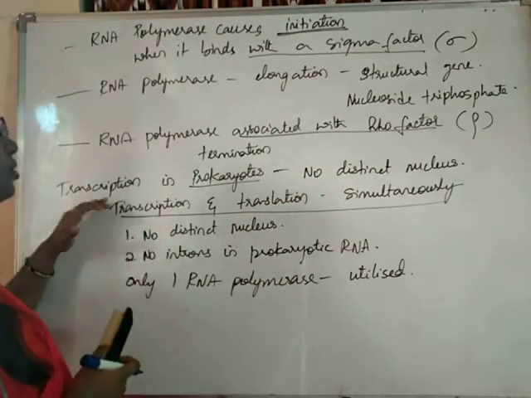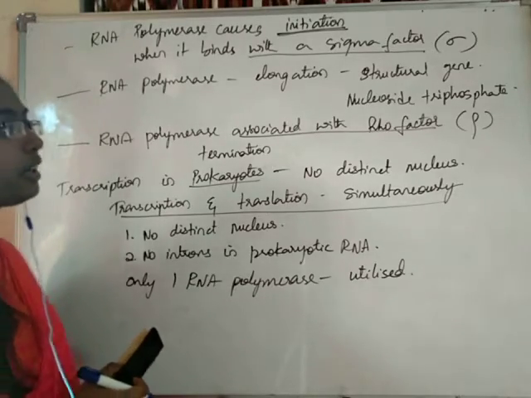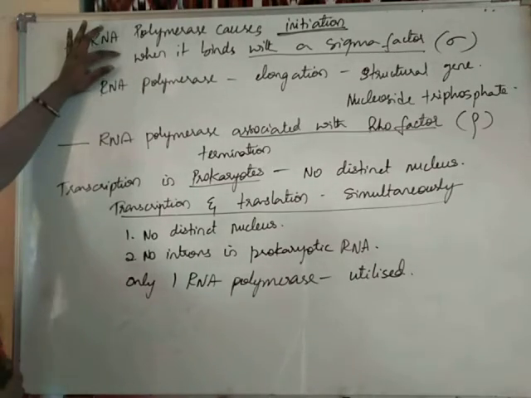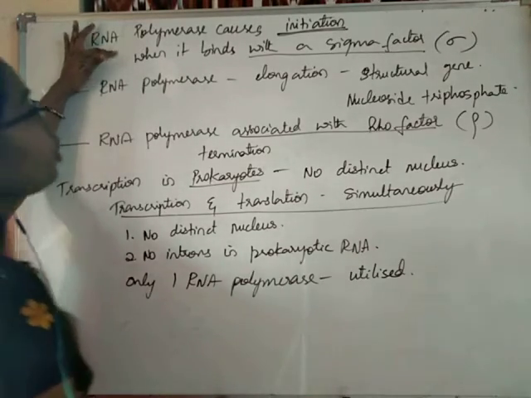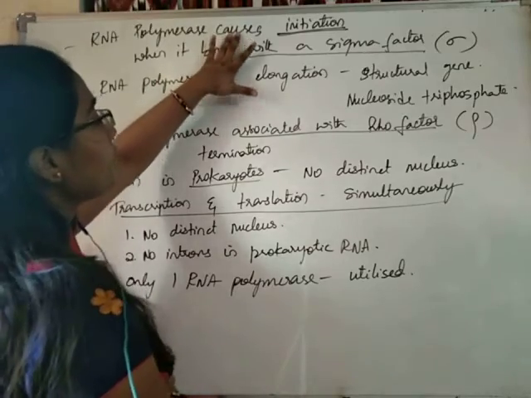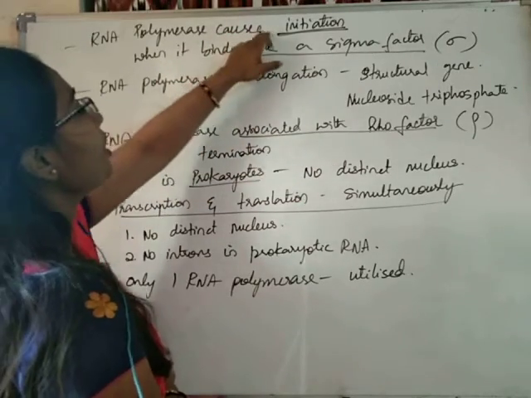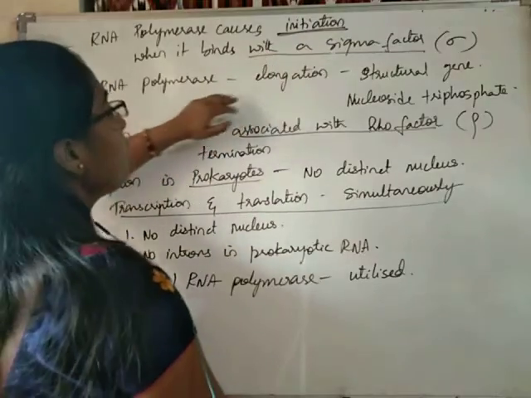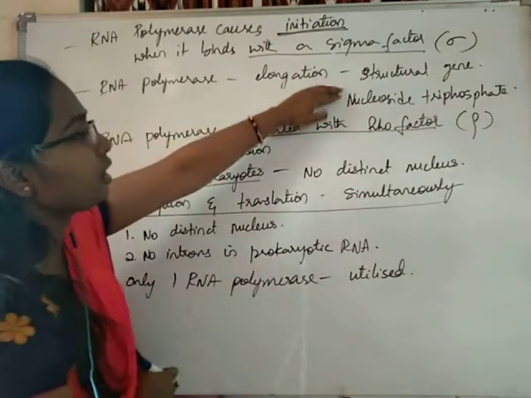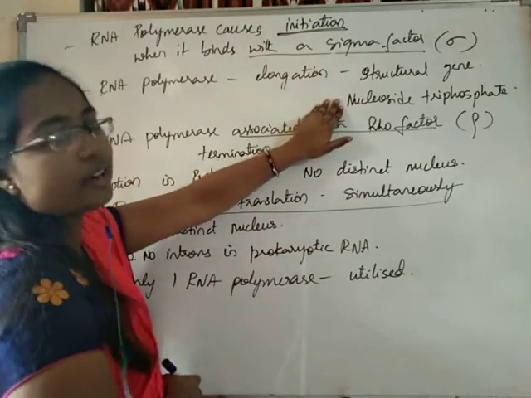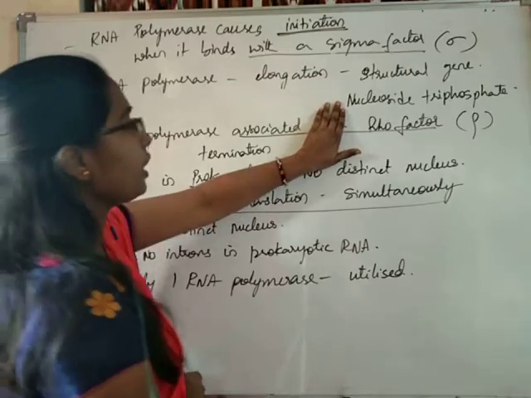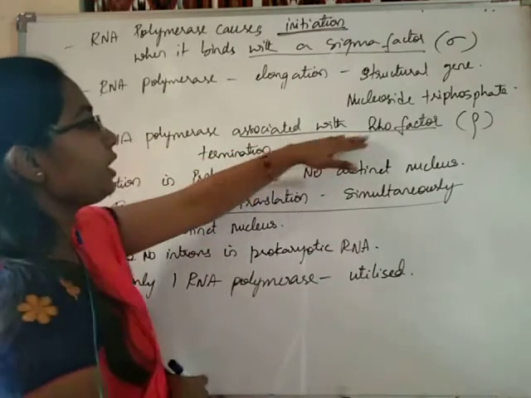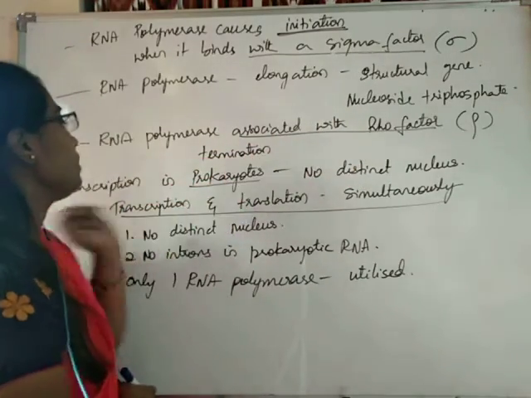Students, RNA polymerase is able to cause initiation, elongation and termination. It associates with the sigma factor causing initiation. It causes elongation by binding with structural genes and utilizing nucleoside triphosphates. Again, it associates with the rho factor causing termination.